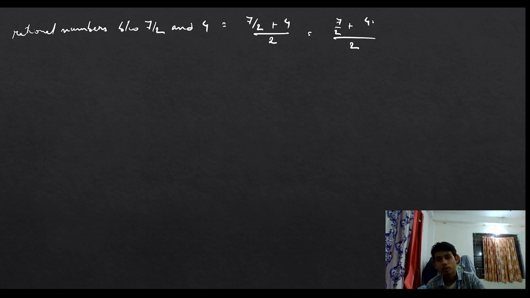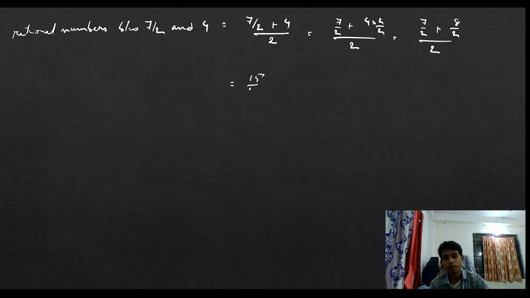Convert 4 into its equivalent form, that gives 7 by 2 plus 4 multiplied by 2 is 8, divided by 2. 7 plus 8 gives 15.